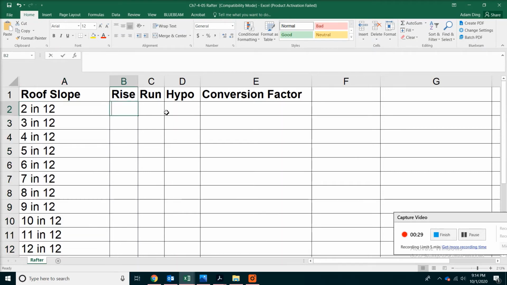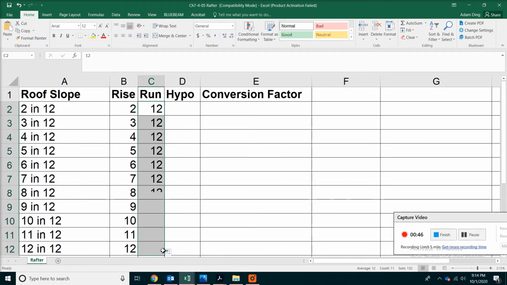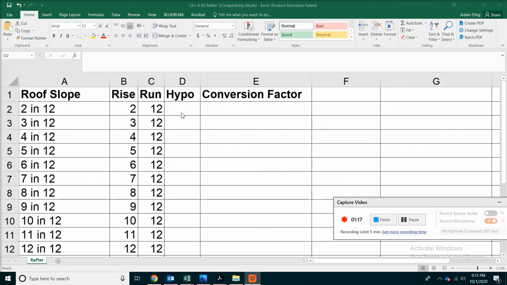What we need to do now is to put them under the rise and the run column. Try to separate the two. Type 2 and 3, and then drag this down. Type 12, and drag this down. Just like what we did on the other sheet, we're going to do the sloped side.